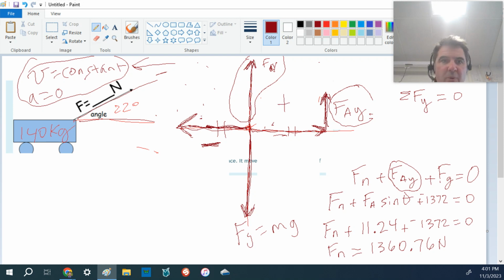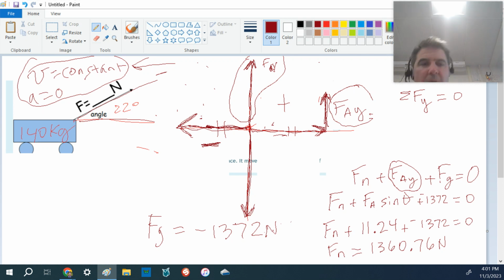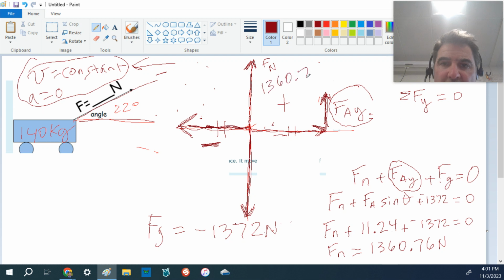You told me that FG was down 1372, and this is the best way to look at it, a negative 1372 newtons. So the question is, did I do my math here right? Well, if I look at this one, Fn, I call Fn 1360.76.